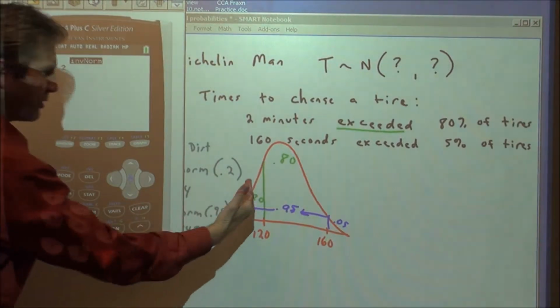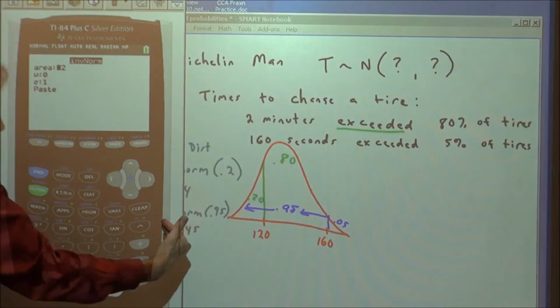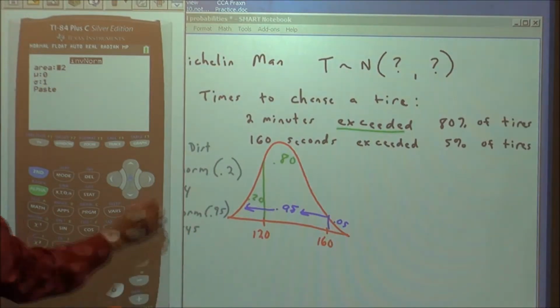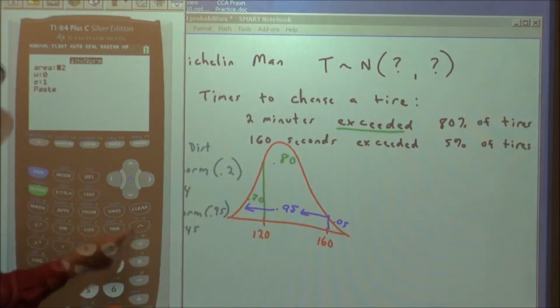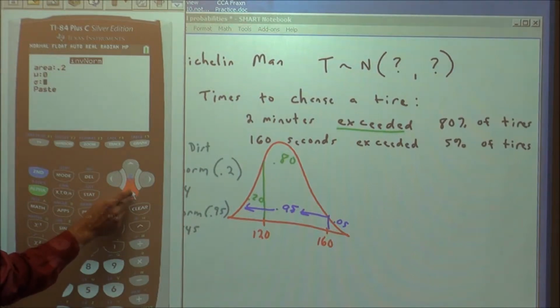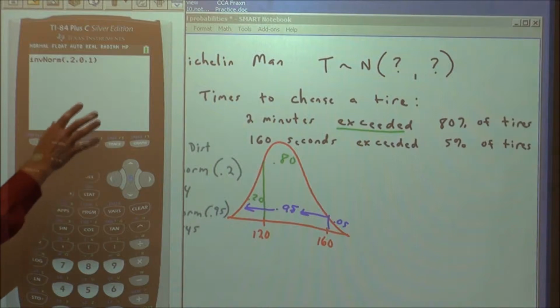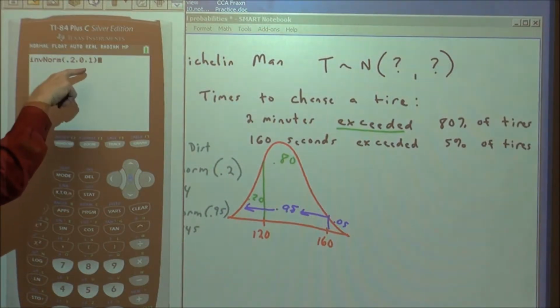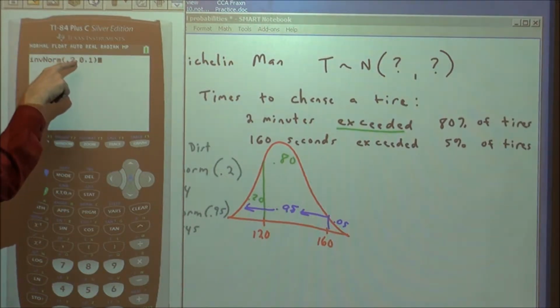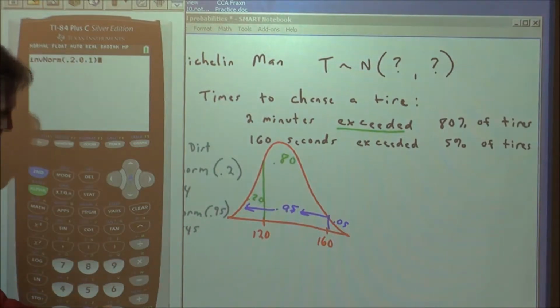We want to find what z-score would trap 20% below in any normal distribution. So we type 0.2 here, and then we paste it to the screen. If you have an older version of the calculator, you're going to type this in order: what area below the curve, and then the mean and the standard deviation. And there you go, negative 0.84.